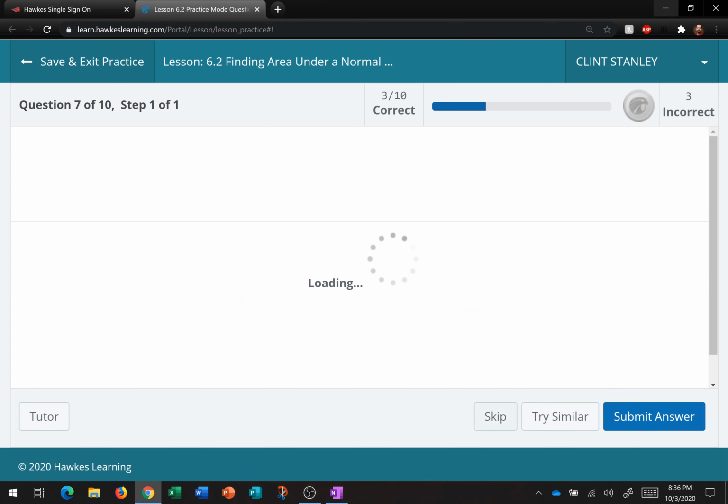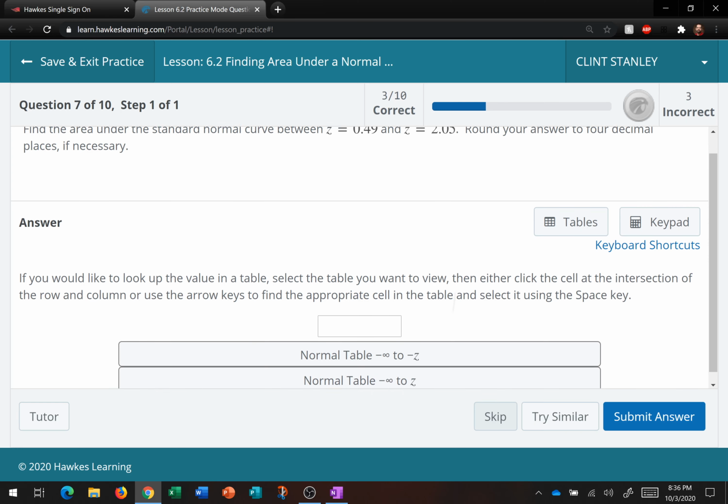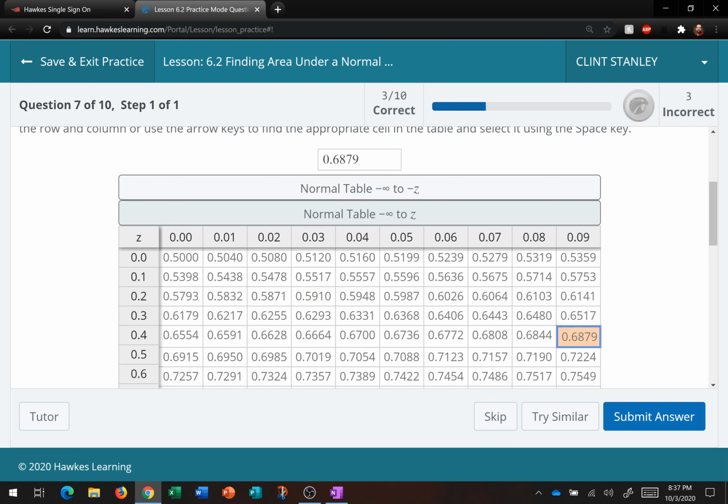I want to get into the trickier ones. This one says we want to find the area under the standard normal curve between these two z values. To find the area between two z values, all we do is look them both up, and then subtract the two areas. First I'm going to look up 0.49. That one is right there, 0.6879.